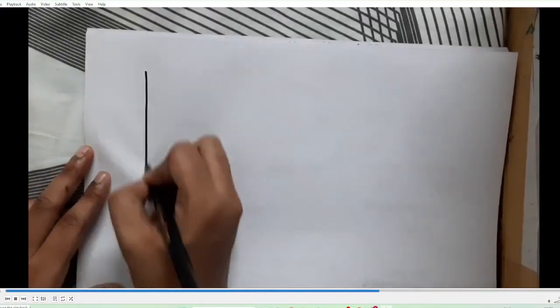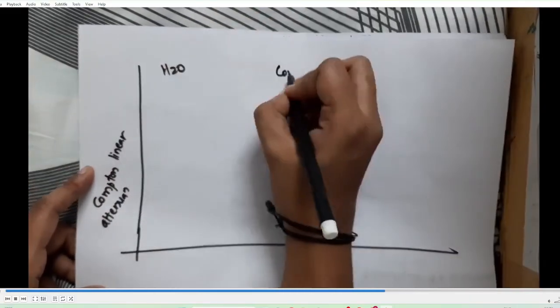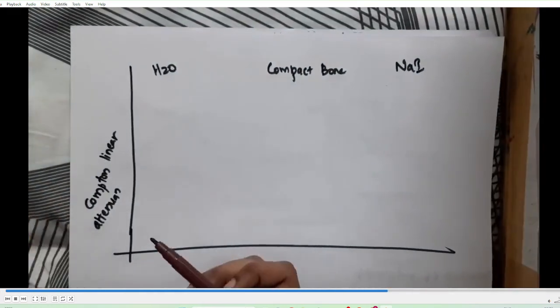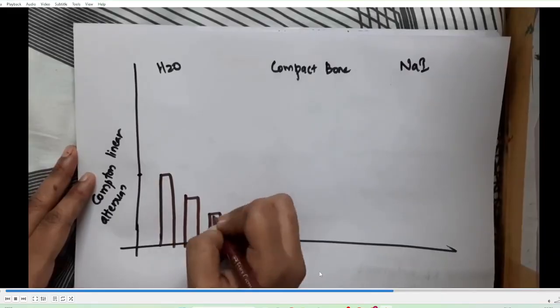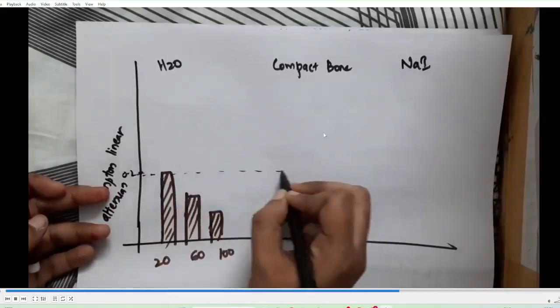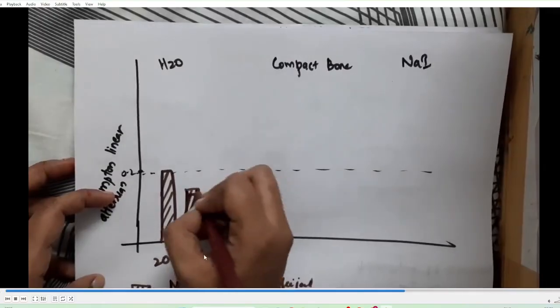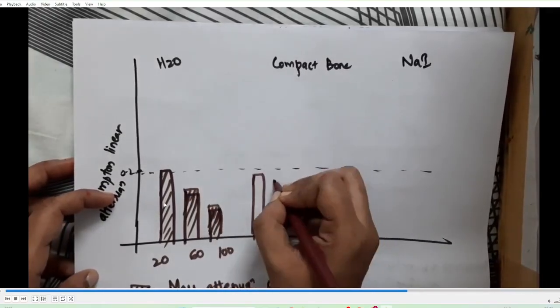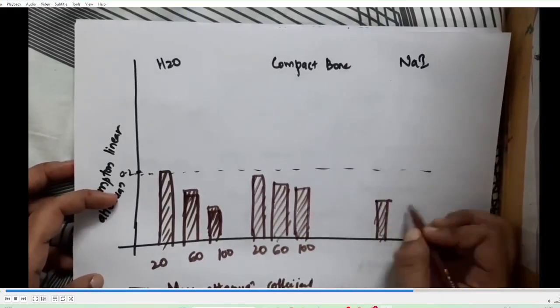The next important thing is the next graph, which is for Compton linear attenuation coefficients. On the x-axis is energy, and on the y-axis the Compton linear attenuation coefficient for water, compact bone and sodium iodide. From water to compact bone, the number of Compton reactions decreases only slightly with increasing energies.